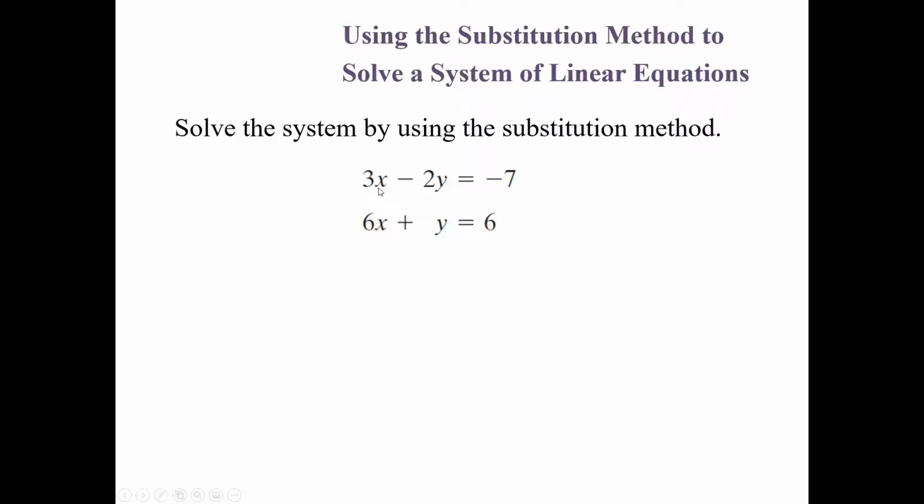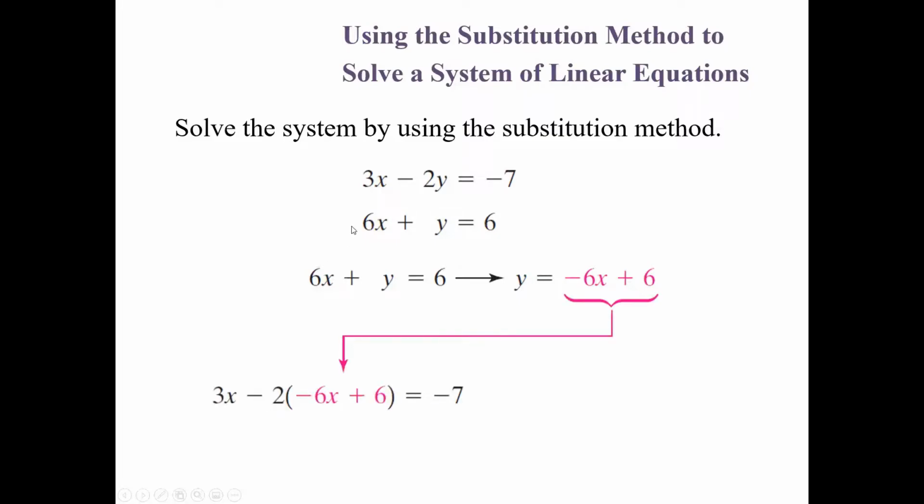The easiest individual variable to isolate is going to be this one because it's already positive 1y. So we'll take this 6x on the other side, and we get y equals -6x plus 6. Now, this becomes the substitution value that we've got to put into the other equation.